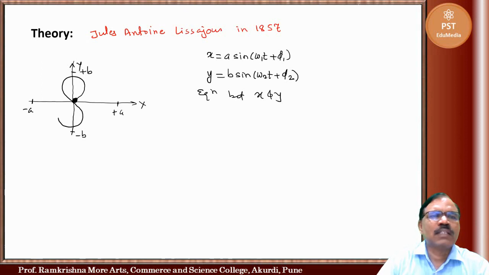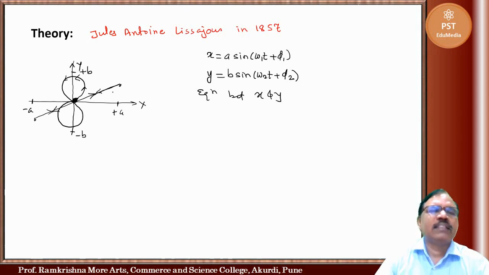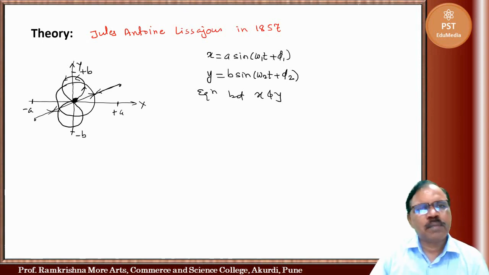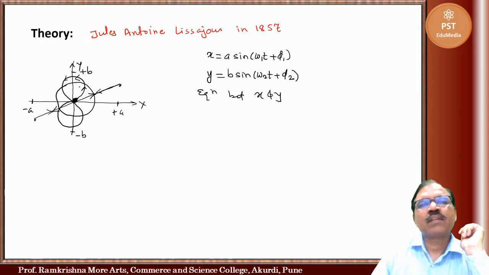This is the path of the particle. The particle is moving along this path, or the path may be like this, or the path may be a circle. So you will get that curved path, and that curved path is called a Lissajous curve.